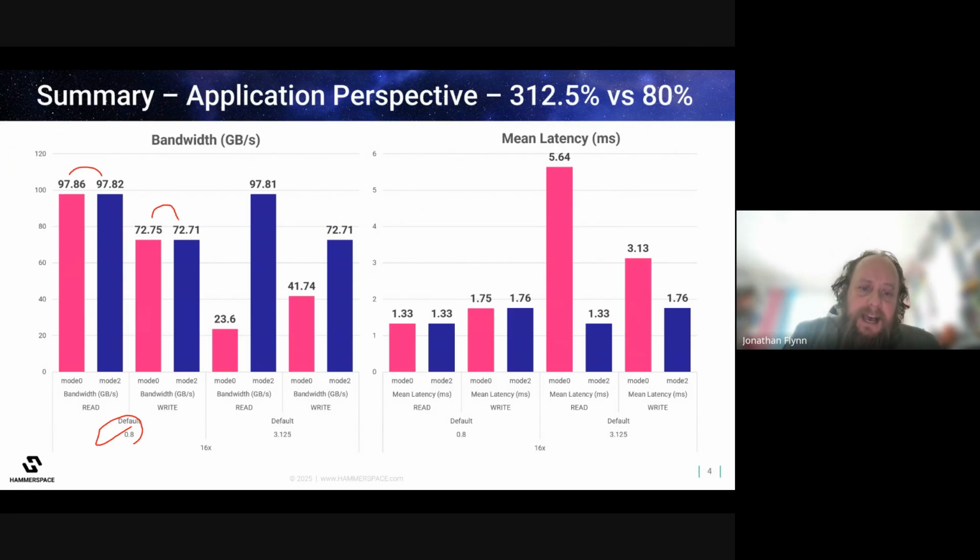When we scale up, from a bandwidth perspective, we scale memory up to over 300% of the backend, meaning we are pushing beyond the bounds of the capability of caching. We see that mode 0, buffered mode, drops down to 23.6 gigabytes a second, while the O_DIRECT mode stays at the same performance as it previously was. Write performance tends to stay a little bit higher.